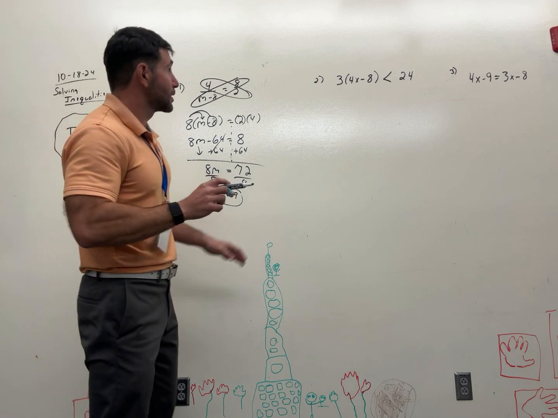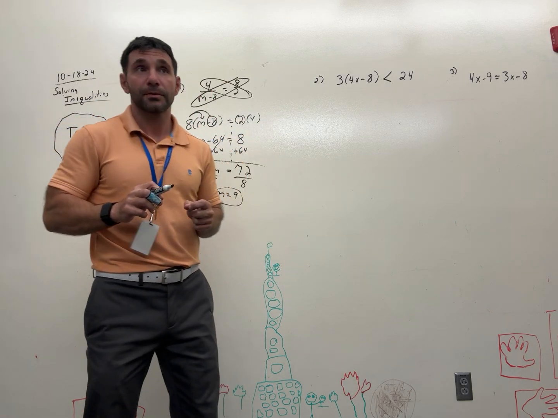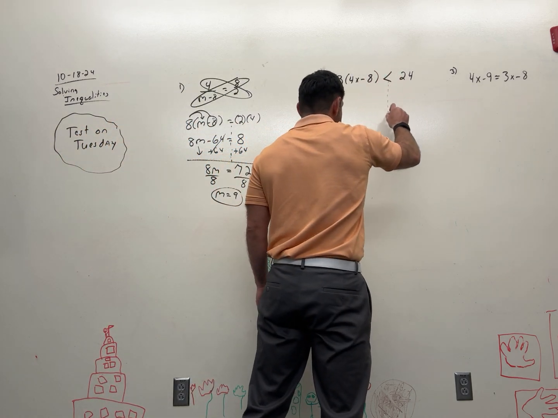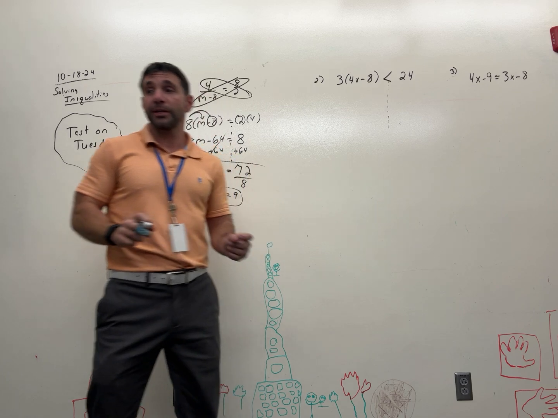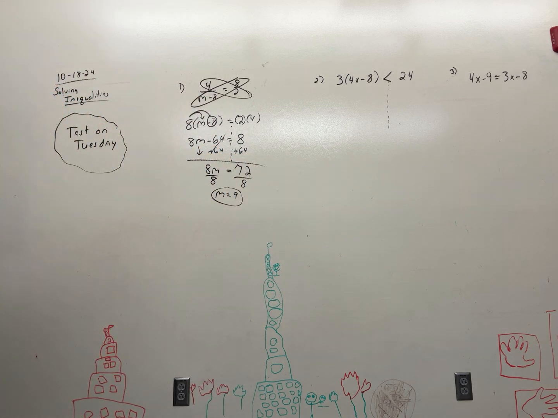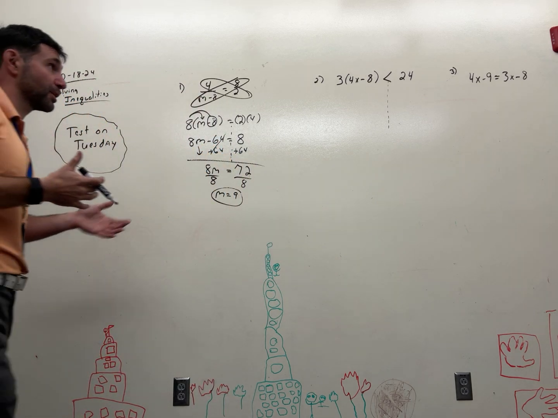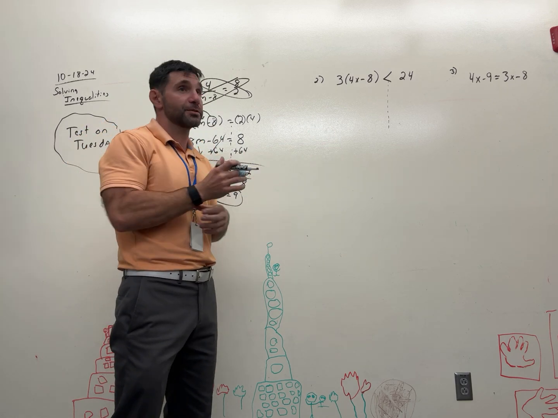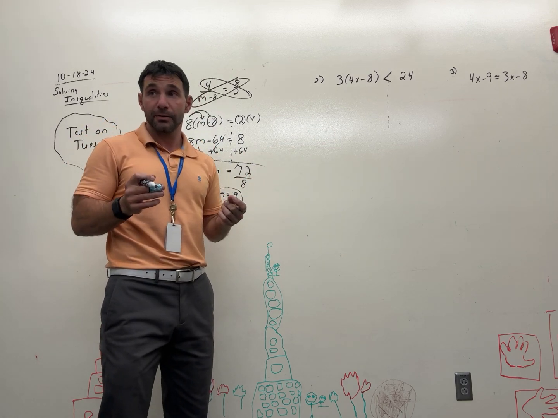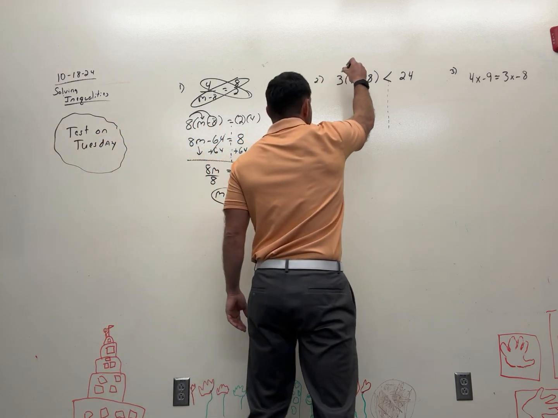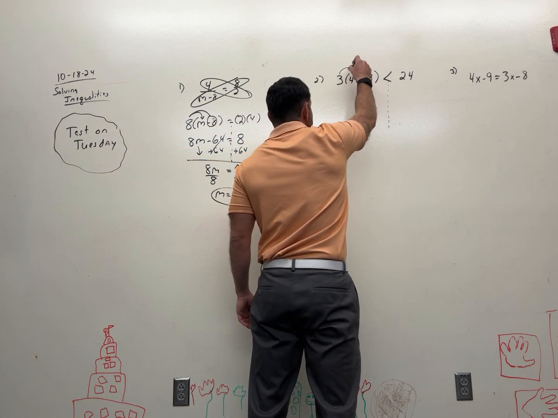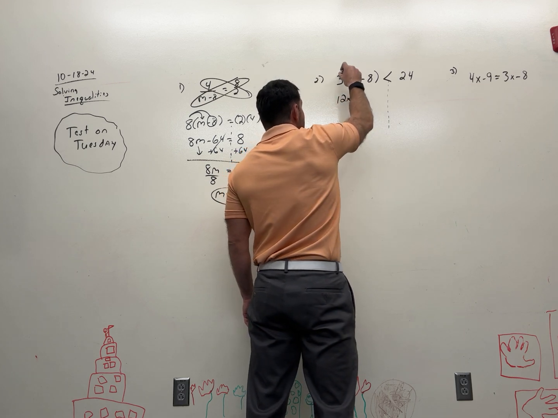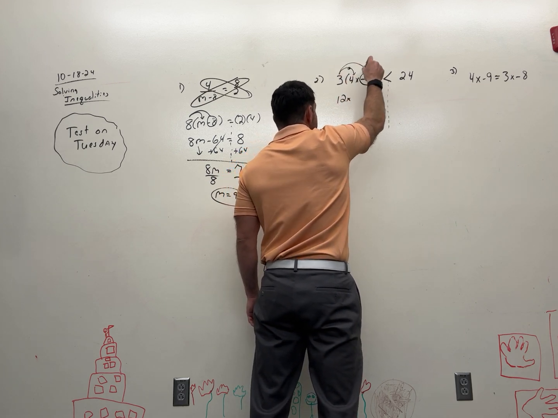Number 2 is an inequality. It's the same steps as solving equations. So if you're looking at your 6 steps on the paper, or if you haven't memorized them, find your balance point. Distribute if needed. Do we need to distribute? Why? Because there's parentheses. So we take the 3 and multiply it to the 4x. 3 times 4 is 12x. 3 times the negative 8.